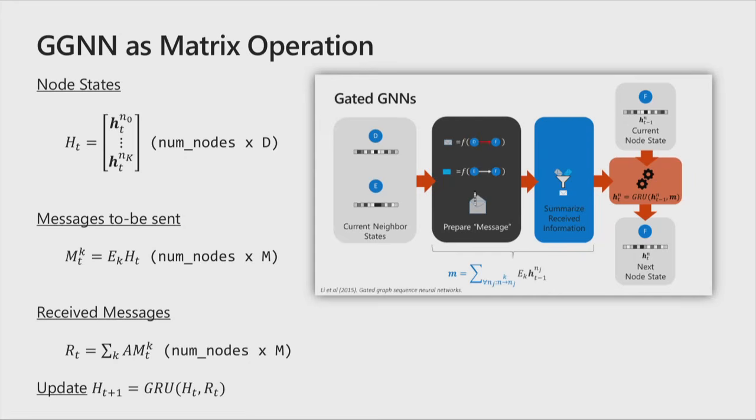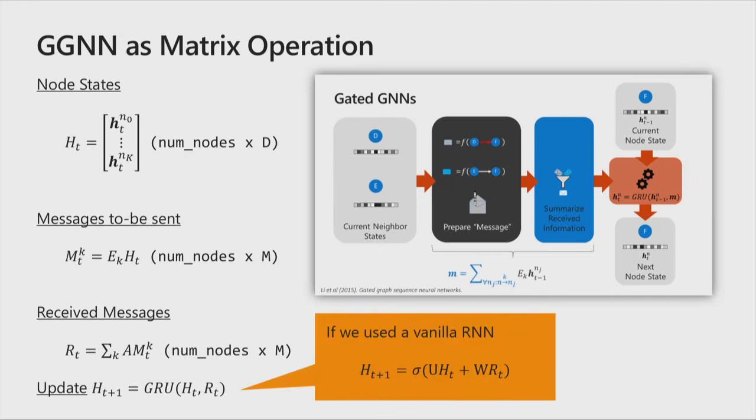To get the received messages, you multiply this m with your adjacency matrix A for all edge types k, and you have the messages you received. Now you can apply your update function. This is the simple mathematical form that you use. If I wanted to use a vanilla RNN, this GRU function is essentially some matrix multiplication with h_t plus W with the r_t here, just to make this slightly more concrete, although not very useful.